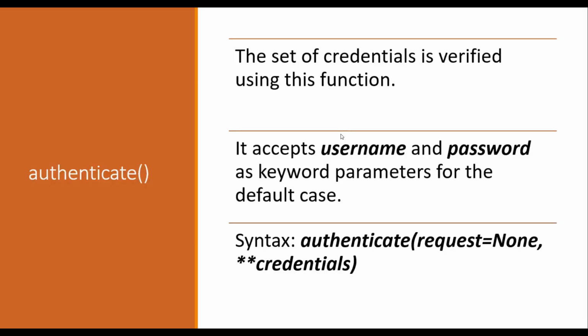Here the request is the optional HTTP request which is passed to the authenticate method for the authentication backends. In addition, it returns None if the credentials are invalid for the backend, or if the backend raises a permission denied error. So with this we have learned the authenticate function.